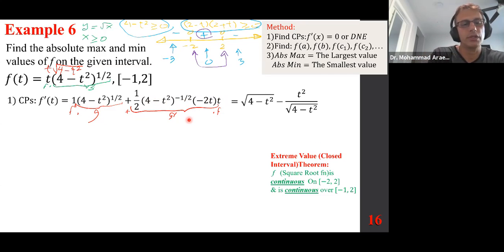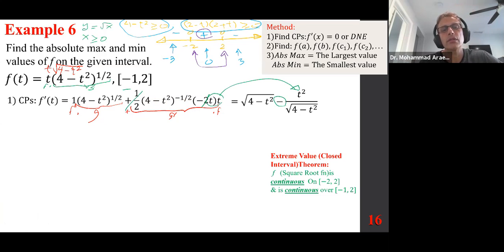So let me quickly recap. When you cross the 2 with 1/2, it creates this negative sign. Take a look. T and T gives us T squared.